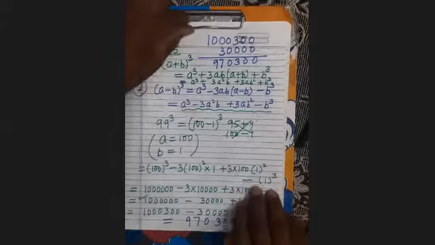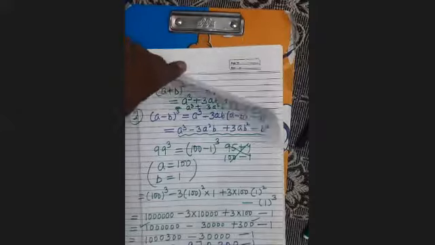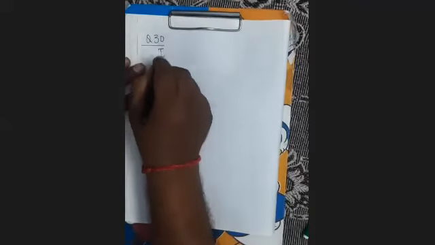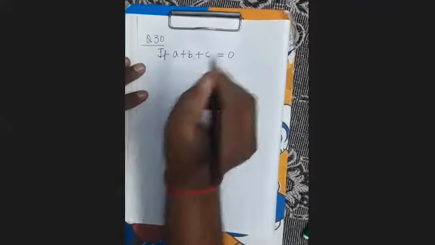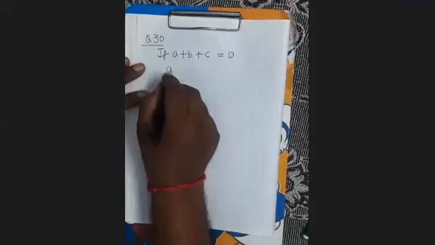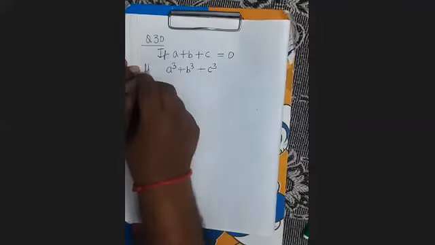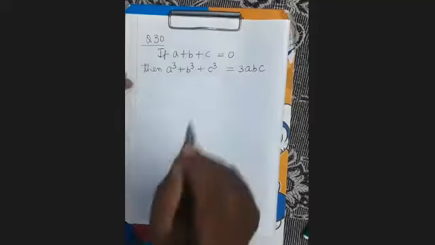Now see here. There is one more question that I am going to explain. Question number 30. There is a formula: if a plus b plus c equals 0, then a cube plus b cube plus c cube equals 3abc.